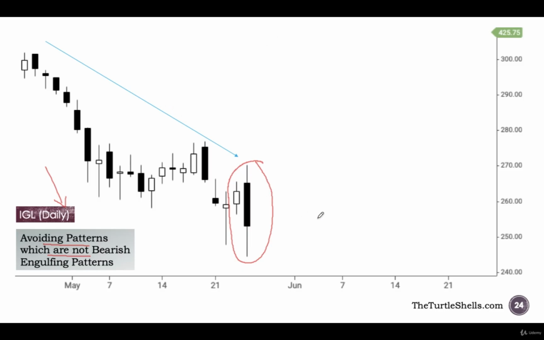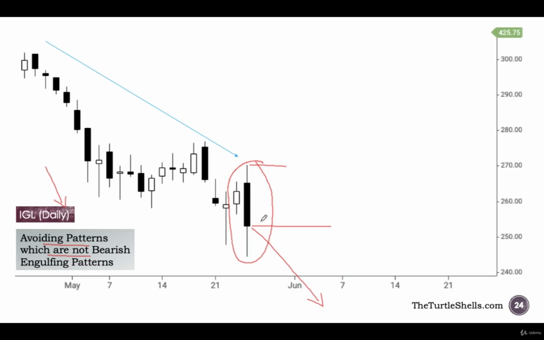So those of you who do not have the correct knowledge might think, okay, we have a bearish engulfing pattern here, so let's take a short position, put a stop loss here and expect the price to go down. Those of you who do not have the correct understanding might make this mistake.